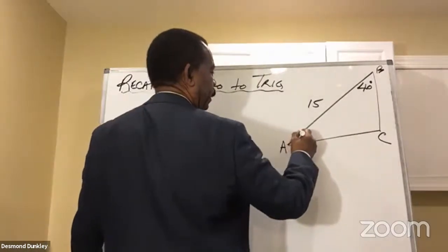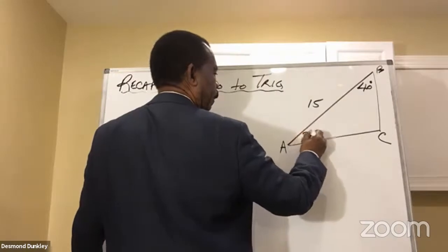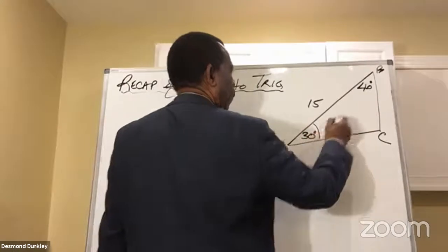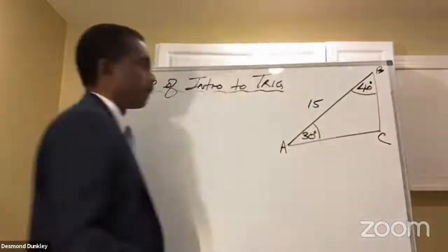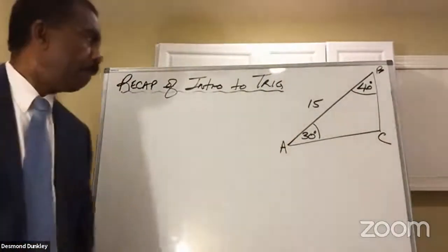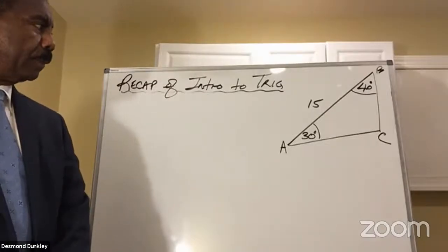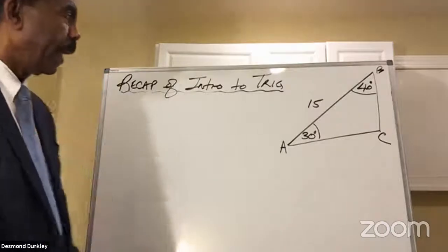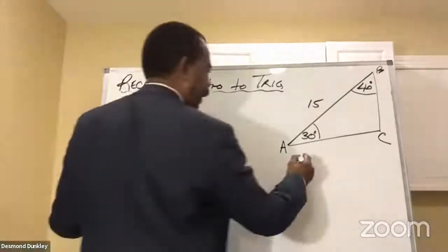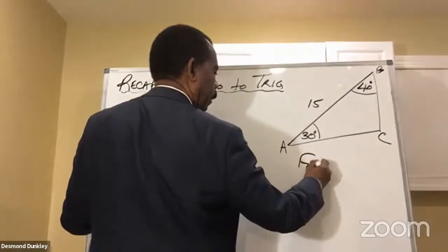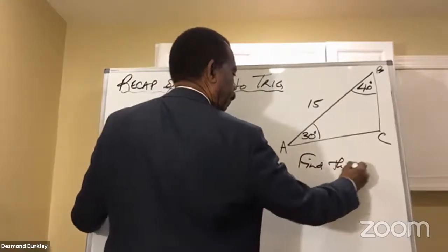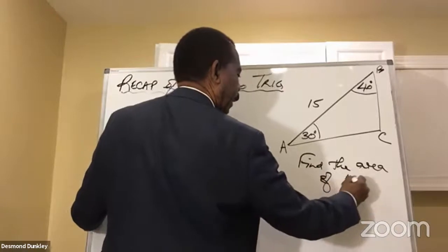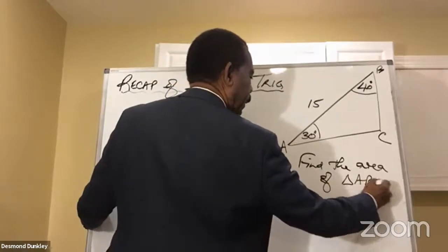Let's call this... There you go. Find the area of triangle ABC.